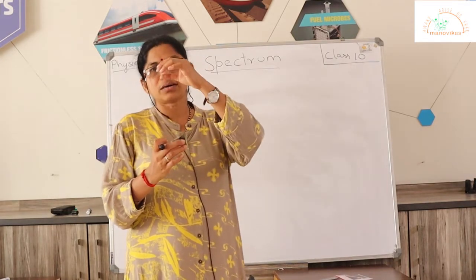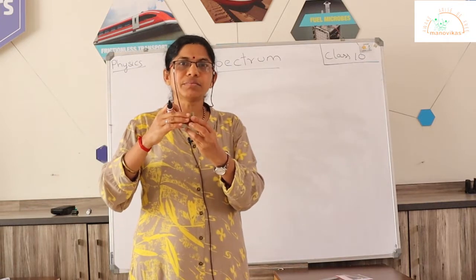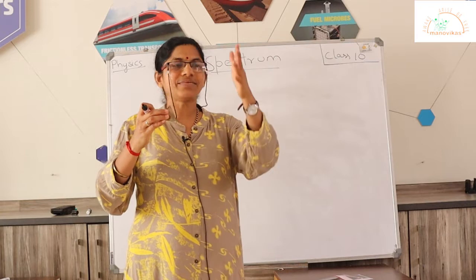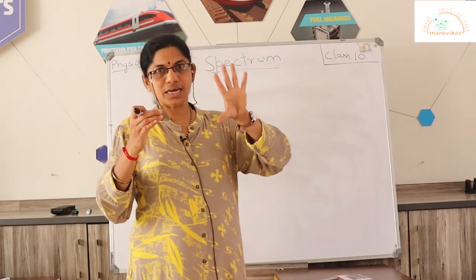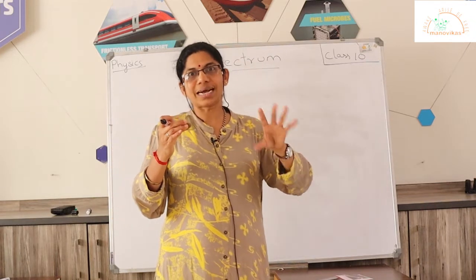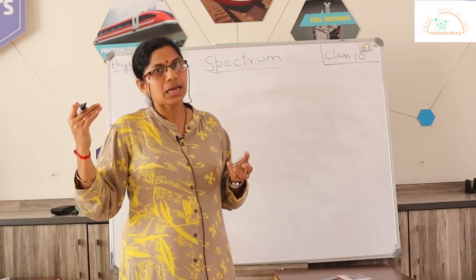So when white light, the sun's light, was incident on the prism, and a screen was placed on the other side, a band of 7 colors was obtained, and that is nothing but a spectrum which consists of 7 colors.